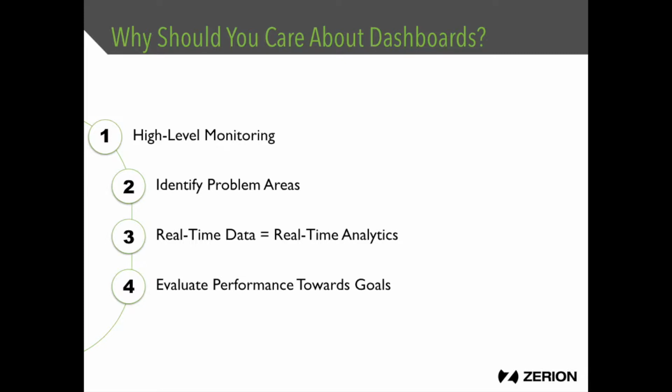And then finally, this is really to evaluate performance towards those specific goals that you may have. So again, it's really important to have all these components inside of a dashboard because they're going to really enhance what you're looking for in terms of the different reports and the different filters and things we can look at adding into here.